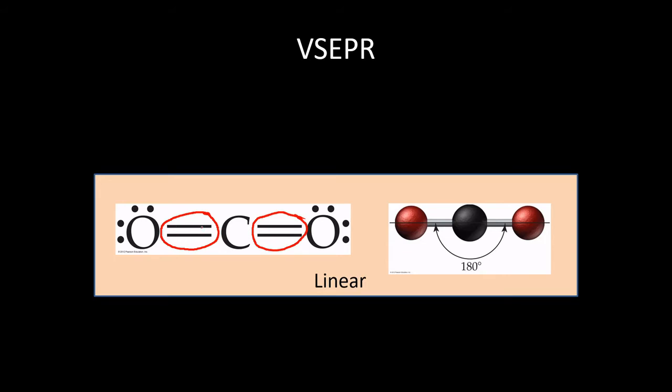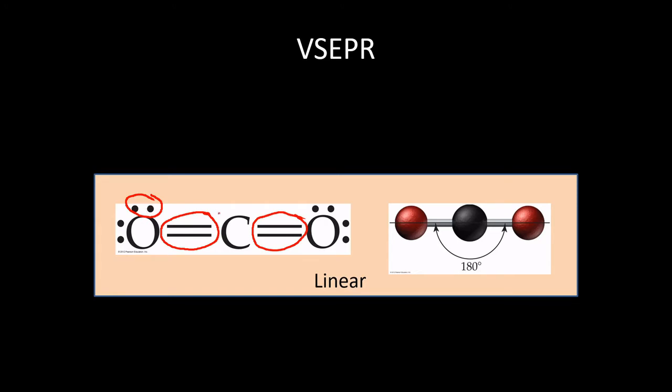So this double bond here and this double bond here, even though there are two individual bonds in the group, they are together. Both of these bonds are in the same region. They are working towards the same goal, if you want to think of it that way. They are considered one group, kind of similar to how a lone pair, while it is two electrons, is still considered one group.